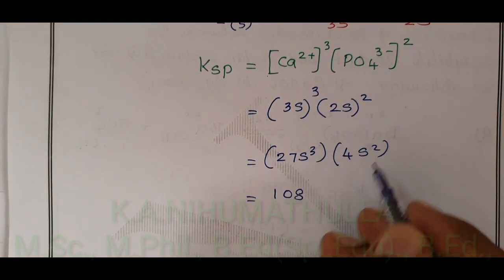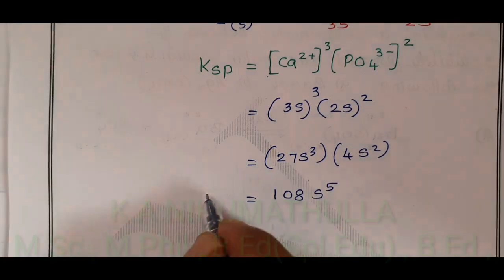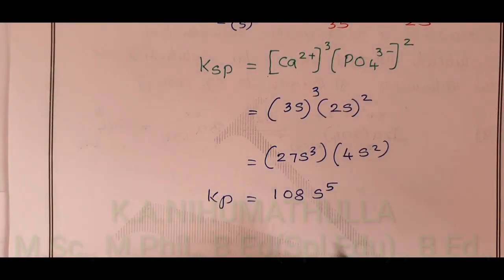S cubed into S power 2 equals S power 5. So K solubility product equals 108 S power 5. This is the relationship between solubility product and molar solubility.